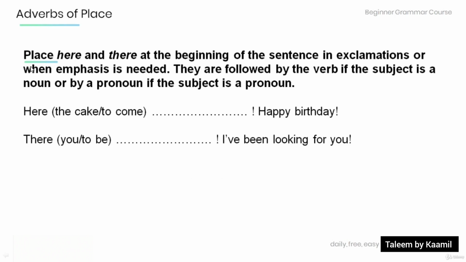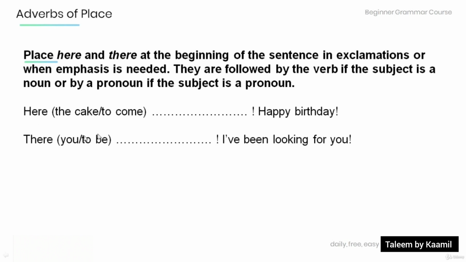Also remember that we place here and there at the beginning of the sentence in exclamation or when emphasis is needed. Note that they are followed by the verb if the subject is a noun or by a pronoun if the subject is a pronoun. Read the following sentences and fill in the blank using the appropriate forms of the words in the bracket.